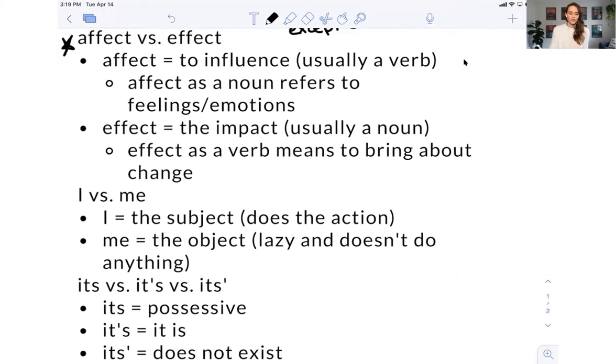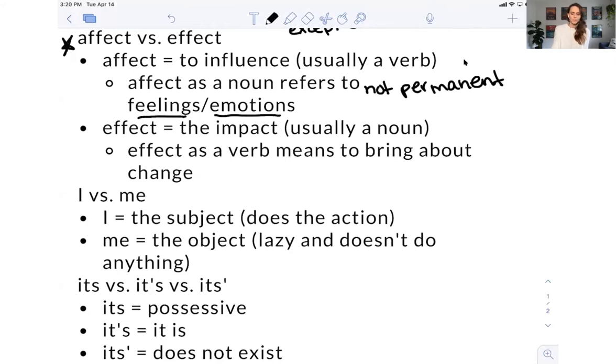So that generally would be with emotions or feelings, things that are not permanent. So a movie may have affected me, right? It may have made me sad or happy, but that's not going to be my permanent state for the rest of my life.